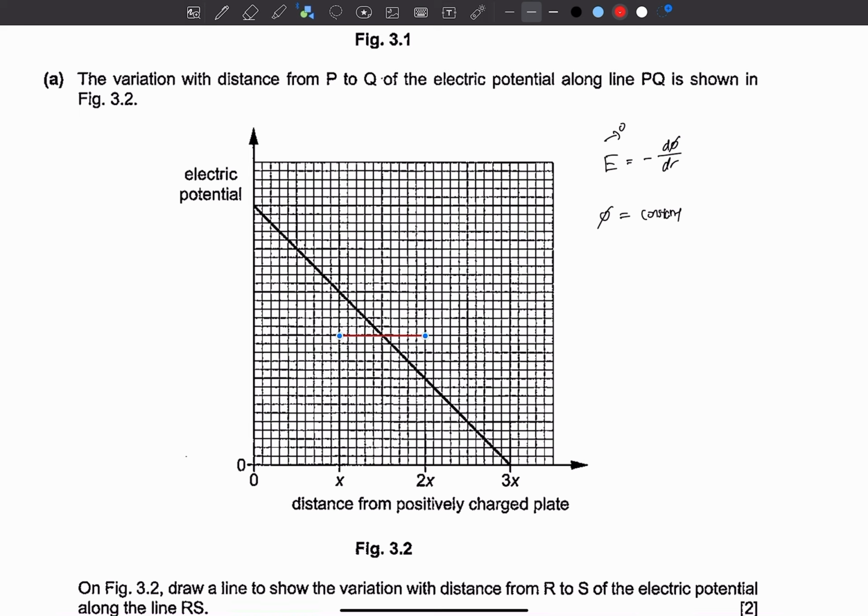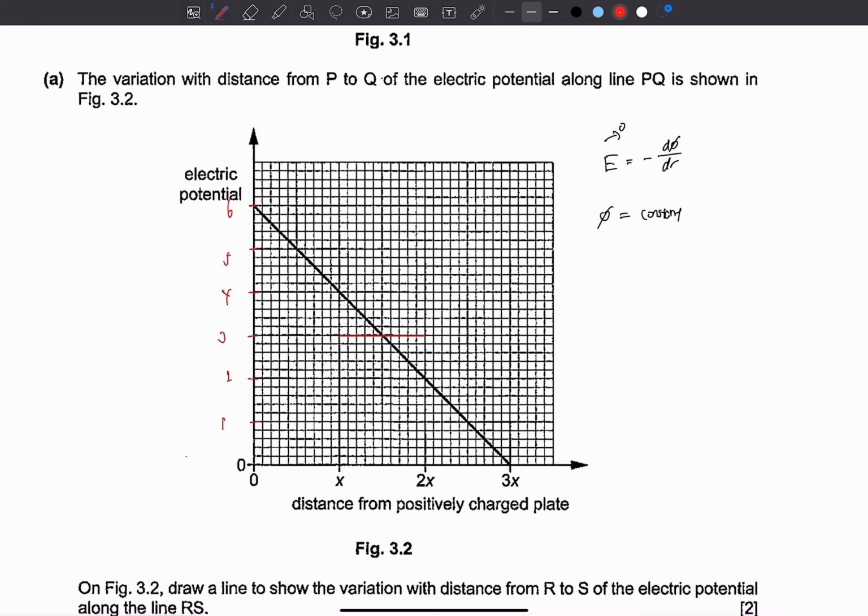1, 2, 3, 4, 5. 1, 2, 3, 4, 5 here. 5 here. Alright, so there's 1, 2, 3, 4, 5, 6.